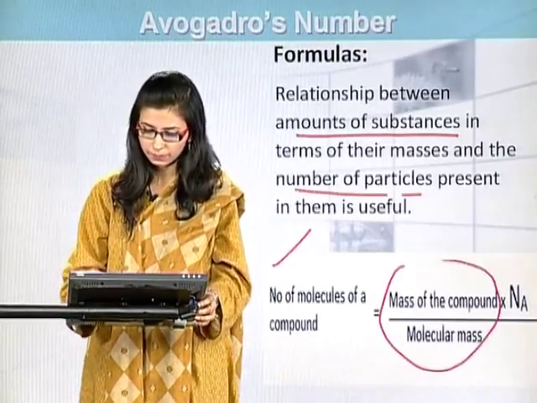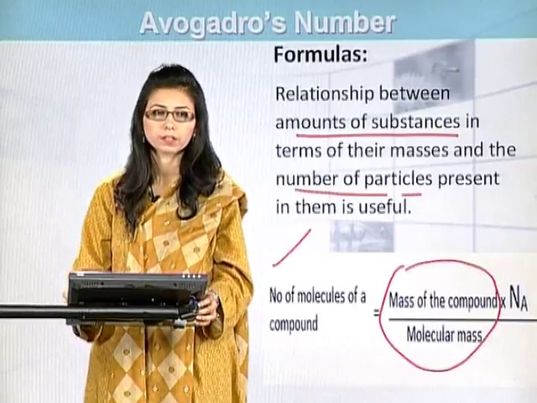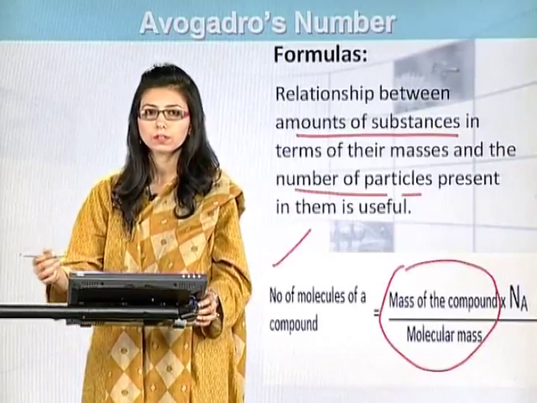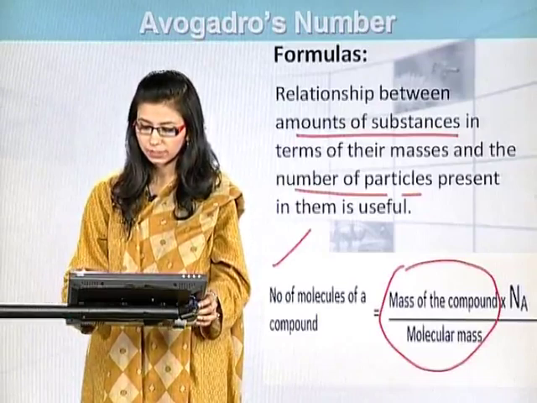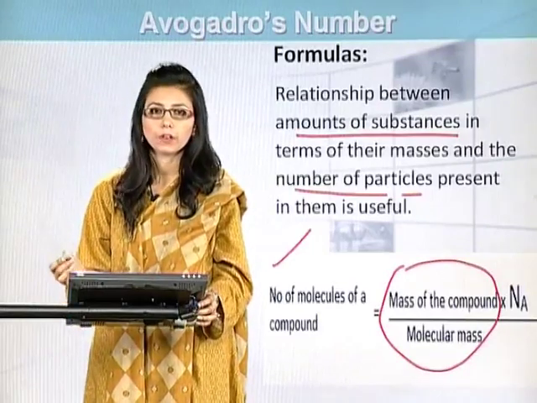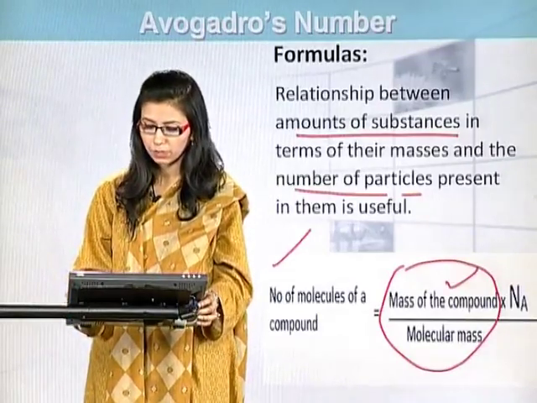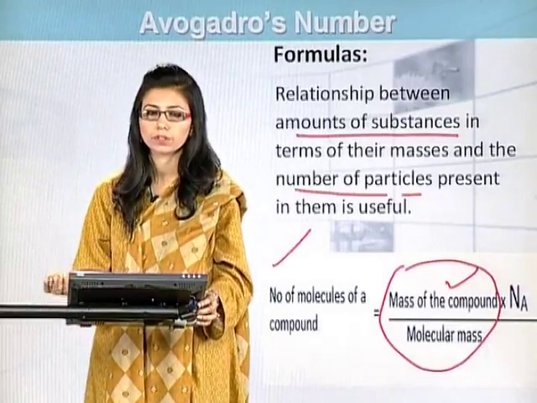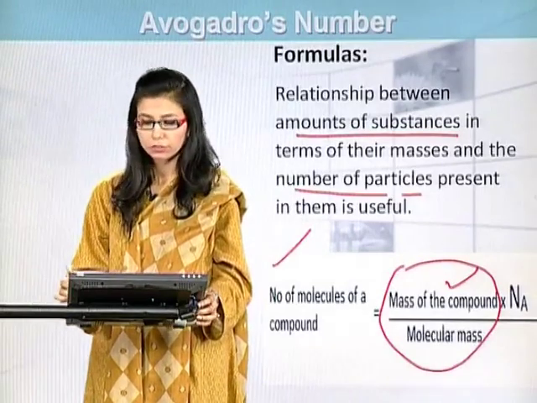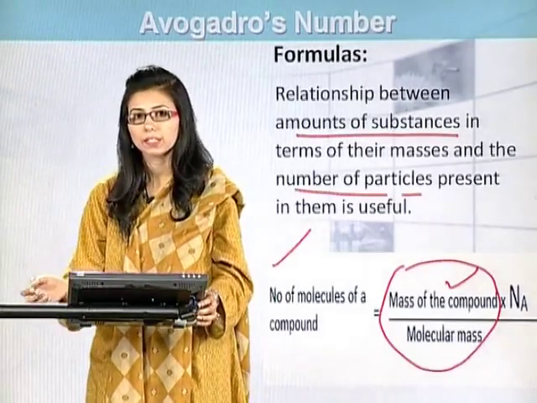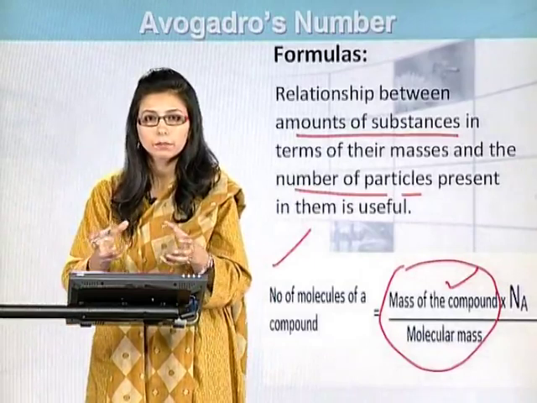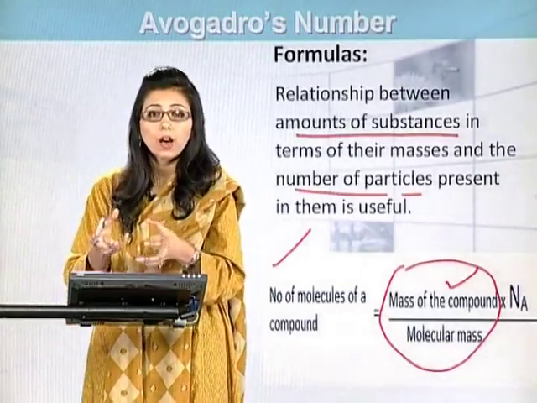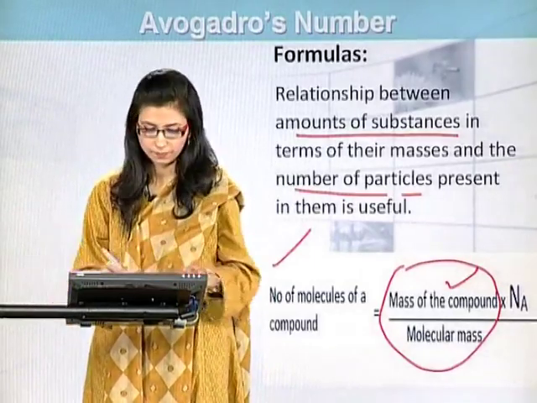This part here, mass of the compound over molecular mass. If you recall the mole formula, this is actually the number of moles of a certain compound. हमारे पास जो given mass है उसको हम divide कर रहे हैं molecular mass से, and we get the moles of a certain substance. और उसको हम अगर Avogadro number से multiply कर दें, then we will know that in a given mass of a certain substance, how many number of particles are there.